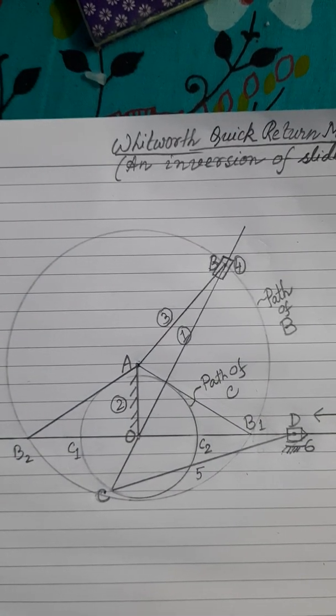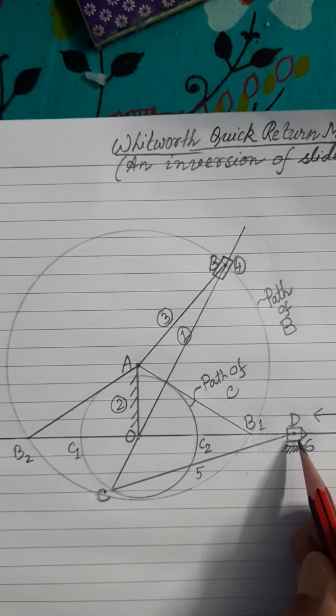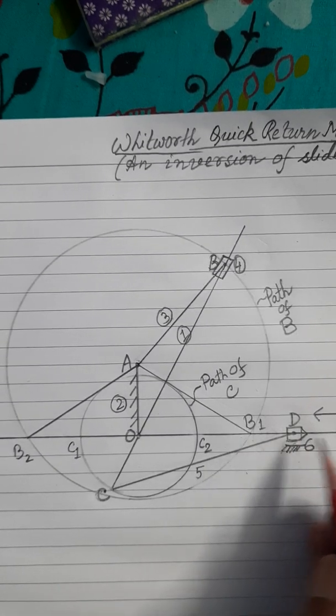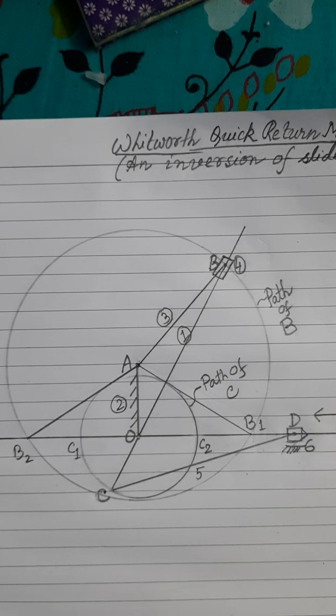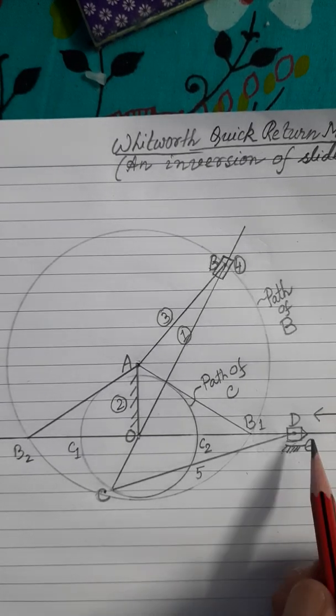Now for extreme positions of D, that means extreme left position and extreme right position of D, position of B will be on this stroke line.